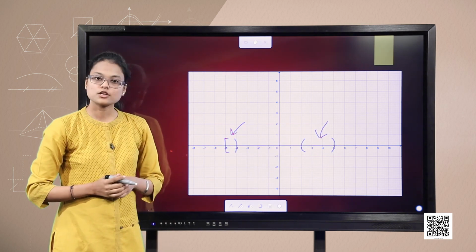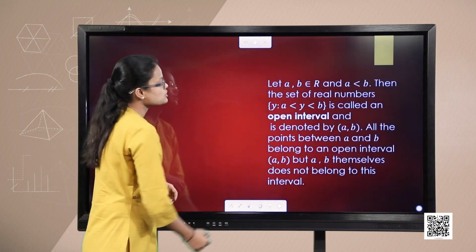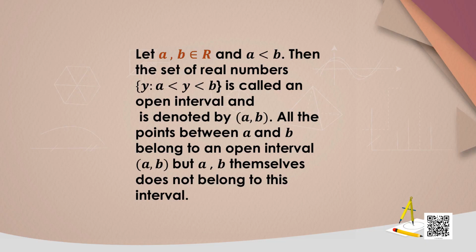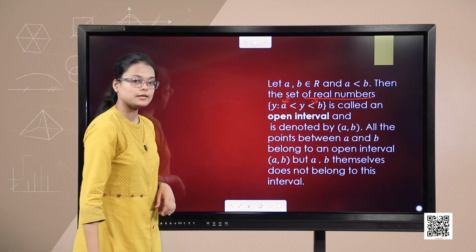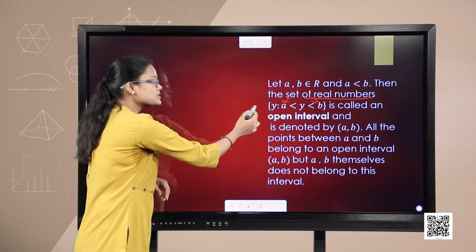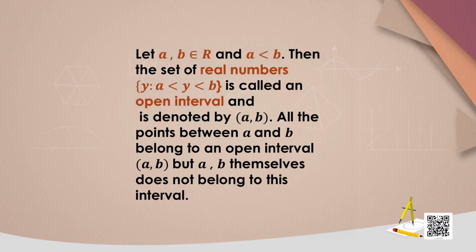So, let us see the definition of interval. The definition states: let a and b belong to R, any two arbitrary numbers, where a is less than b. So, we are taking any two real numbers where a is less than b, then the set of all those real numbers which are lying between these two numbers a and b is said to be an open interval.